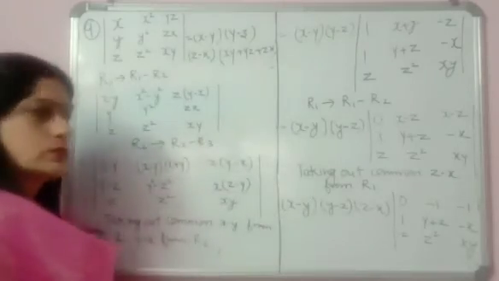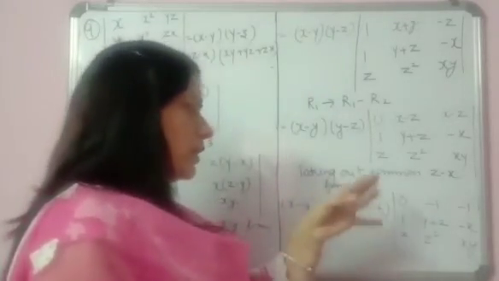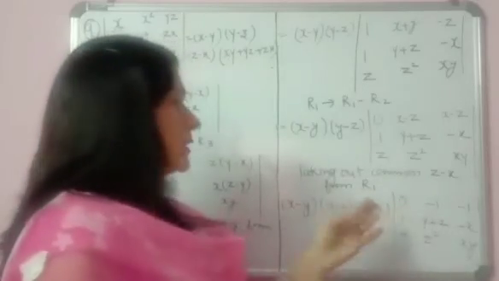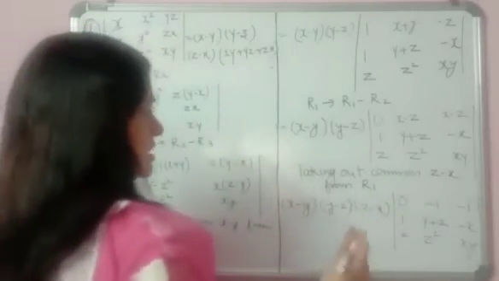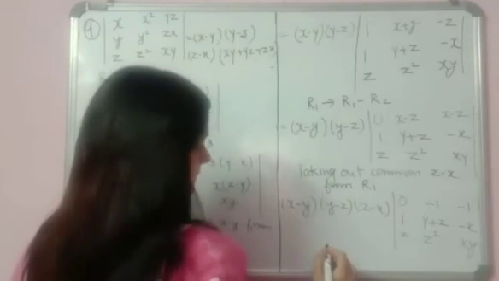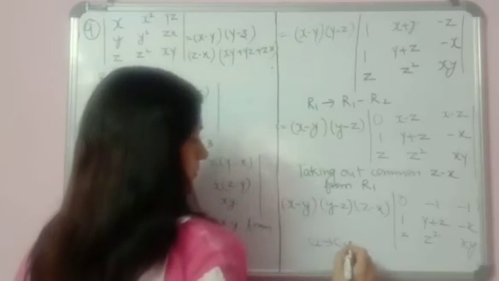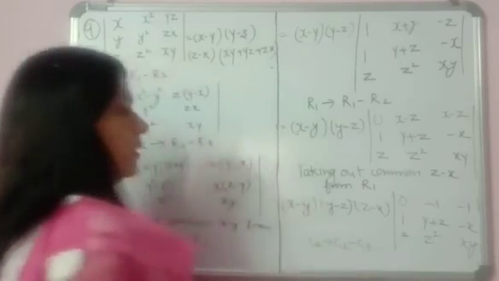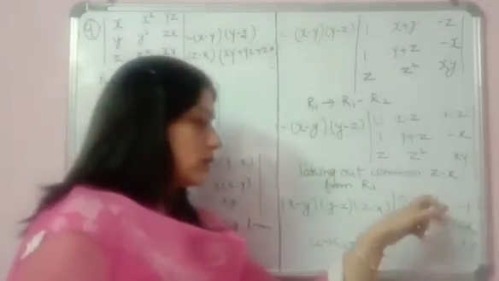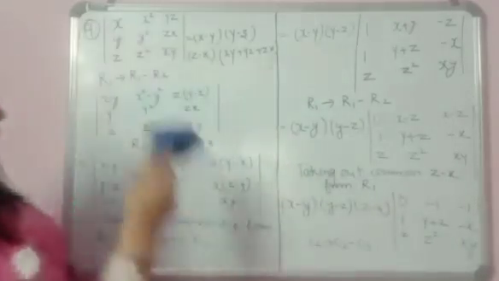Okay, so either you can expand it now about row 1 or C1, or you can get one more 0 by changing C2 to C2 minus C3. So you will get one more 0 here, and then about that you can expand. Okay. So let us complete this question.